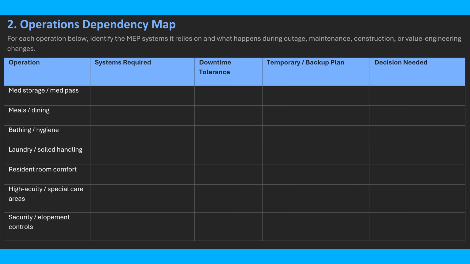Bathing depends on hot water, drainage, exhaust, room comfort, and staff access. Resident room comfort depends on heating, cooling, ventilation, controls, and maintenance response. Security and elopement control may depend on low voltage, door hardware, alarms, power, and staff notification. The point is simple. If the system fails, what part of operations fails with it?